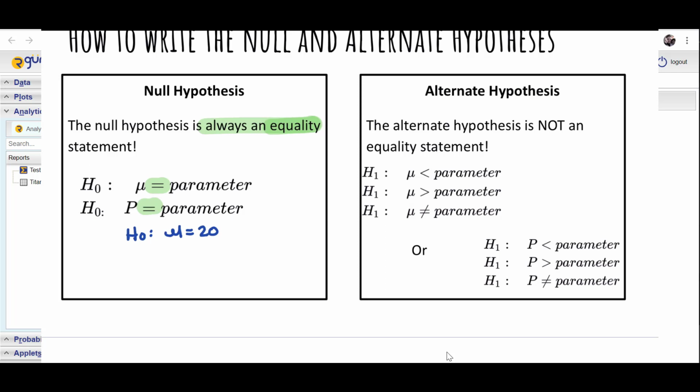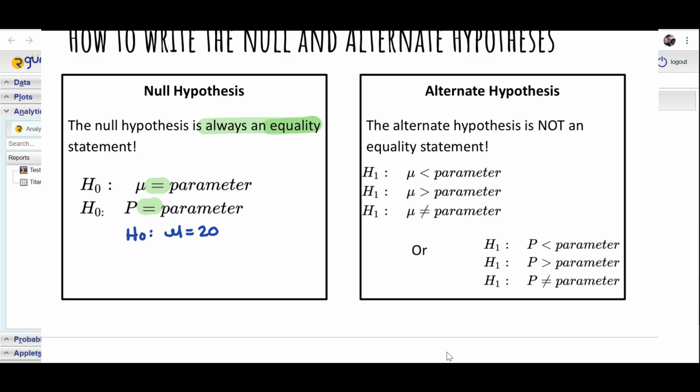And that's all you would write for the null statement. That's your opening statement right there. Now, if we were testing a proportion, you would use a capital P equals some number. When I have parameter written here, this is the number that we think the mean or the proportion is equal to. In this case, 20.